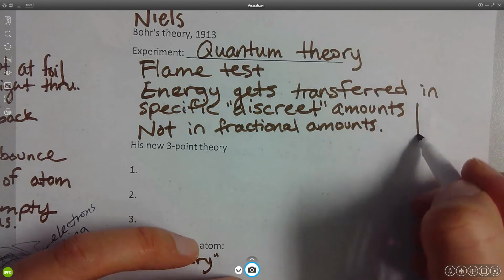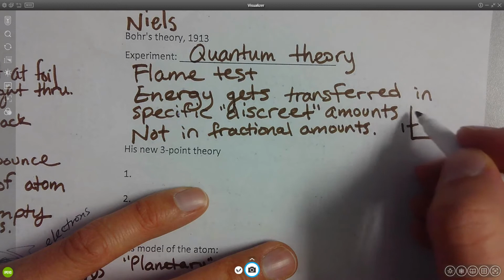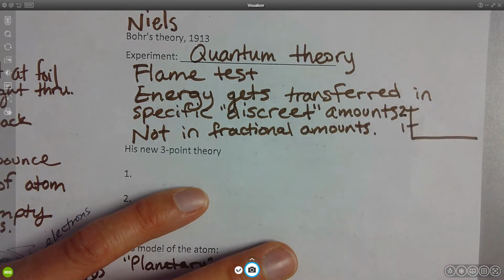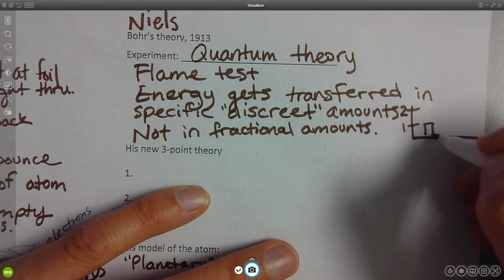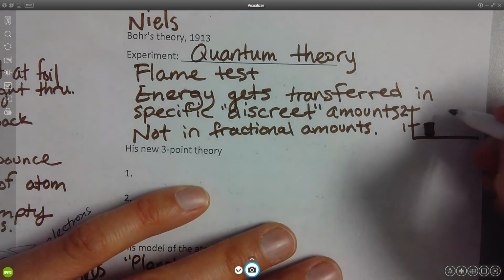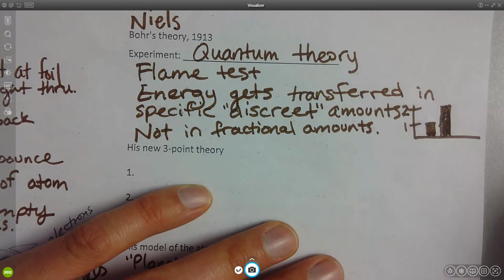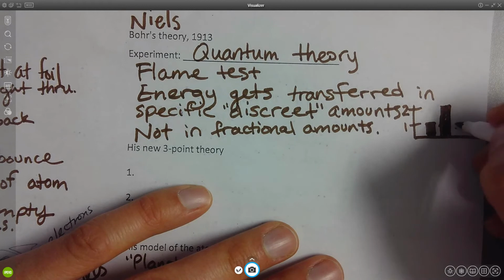All right. So here's a little graph for you. 1 unit of energy, 2 units of energy. So you can transfer this quantity of energy right here, 1 unit, or you can transfer 2 units of energy. But there is no possible way to transfer a half or 1.5.